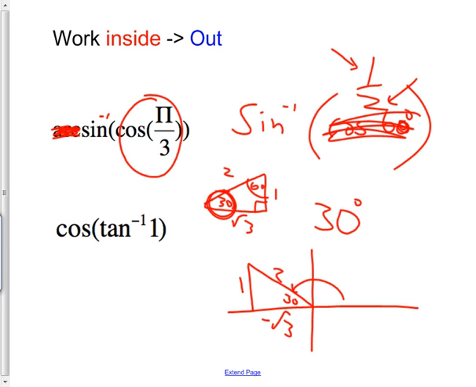Okay, and now I do sine of that, opposite over hypotenuse. I don't see any reason why that couldn't be right. I think you're right. I think I should have been saying 30 and 150. Glad you caught me. Thank you.